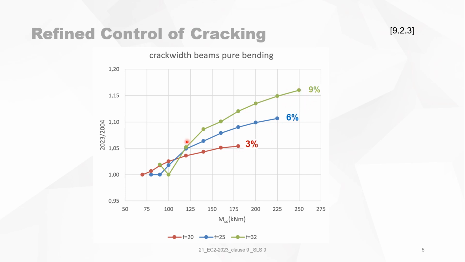So this 9% is a mean factor, but you will see everything is above 1. So there's always an increase, but depending on the amount of reinforcement and the diameter, you will have a range of 3 to 9% more crack width opening.